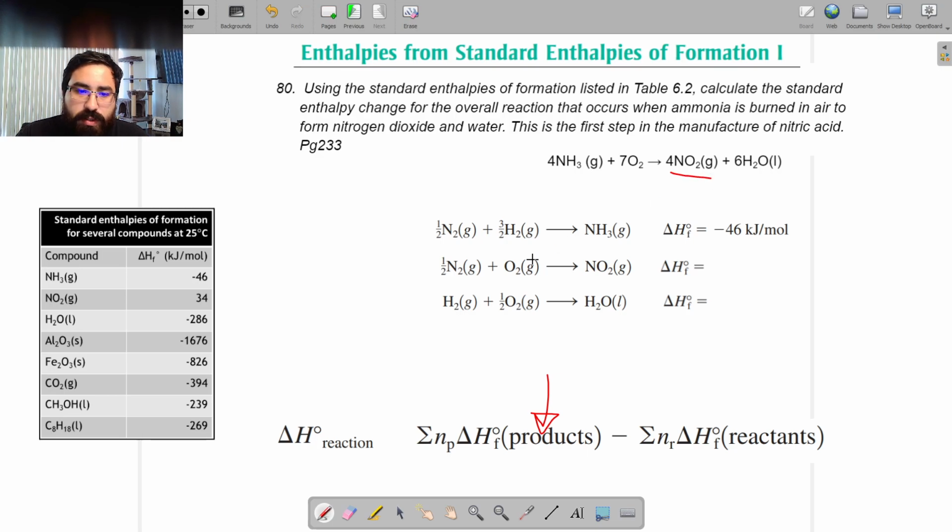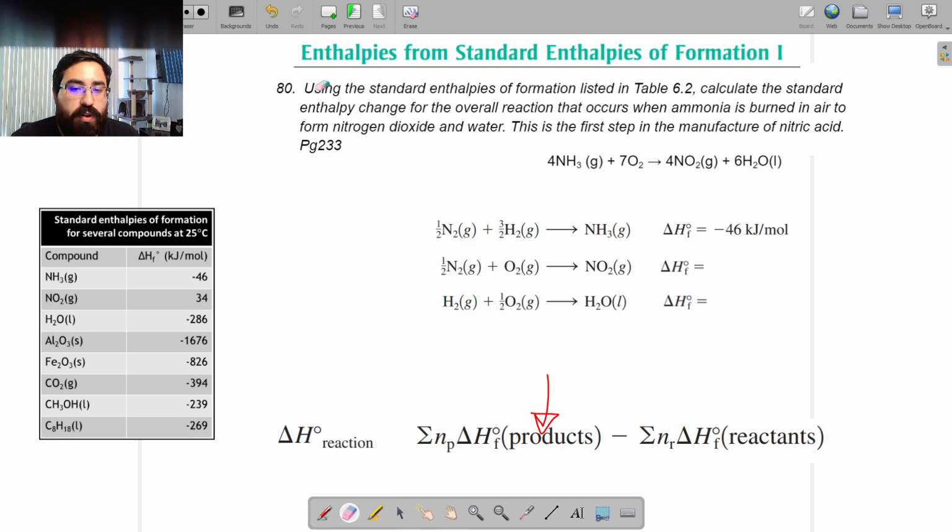For NO2, well, half of an N2 plus O2 makes NO2. Same thing with water. Now, why don't we have one for oxygen? Well, oxygen's delta H, for any element in its atomic form, is going to be 0. So this is a value of 0, so that's why we don't have it written out.